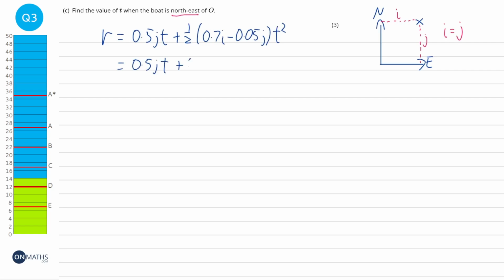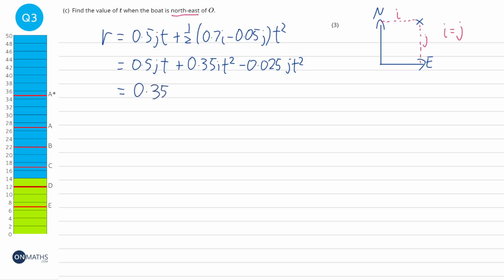And so that would be 0.35it squared minus 0.025jt squared. And let's add the j's together. Oh, well, we'll subtract them because that will be a minus. And that should give us, well, actually we can't do that because they're t and t squared. So we're just going to put them next to each other.